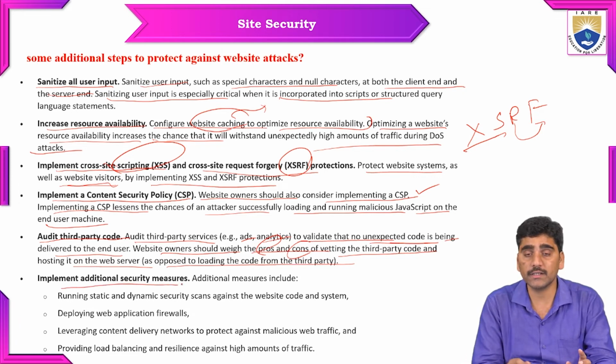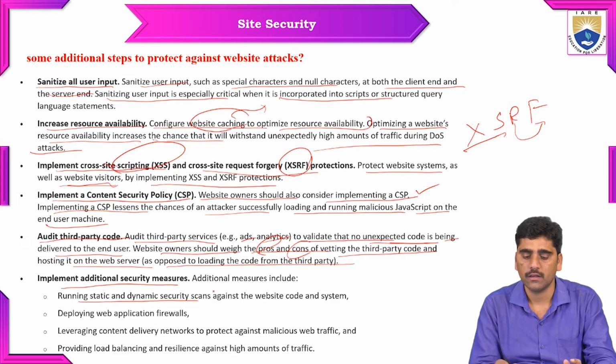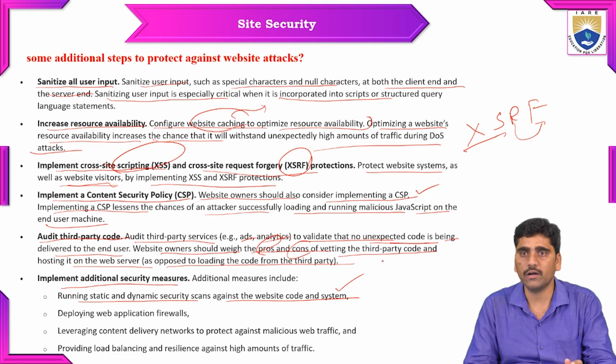And implement additional security measures. Some additional security measures include running static and dynamic security scans against the website code and system. Every website has its information in the form of code and systems.